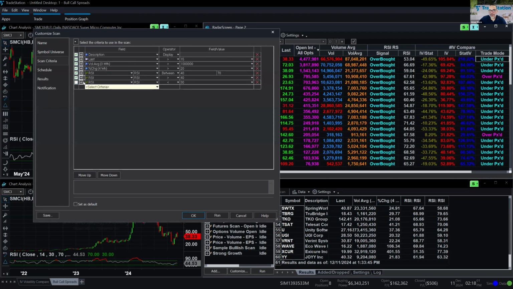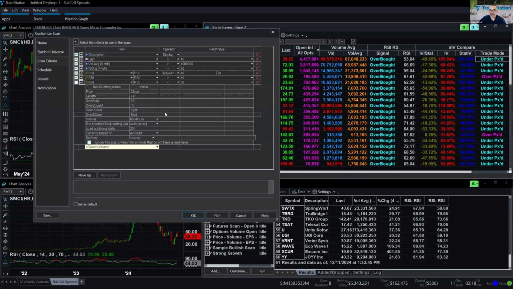I do have a third one here, but sometimes if you add a third one, the scanner becomes a little bit too restrictive and it doesn't throw any results. This one right here is looking for a 60-minute RSI, and it's looking for it to be less than 30. So now it's a little bit contradictory, but what we're looking for is a pullback.